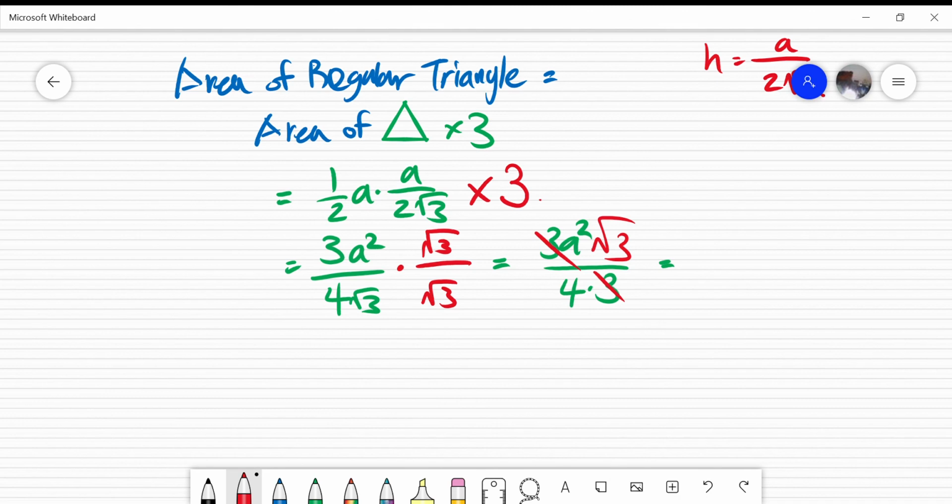And therefore, the area of a regular triangle is equal to root 3 over 4 a squared. And we are done.